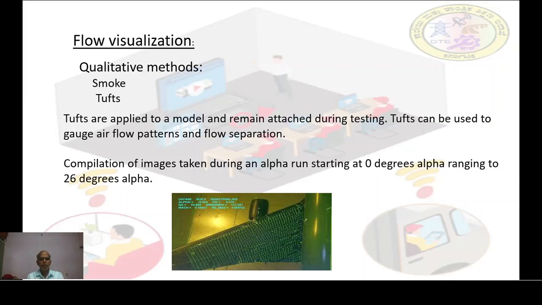Again, there are qualitative methods: smoke and tufts. Tufts are applied to a model and remain attached during testing. Tufts can be used to gauge airflow pattern and flow separation.